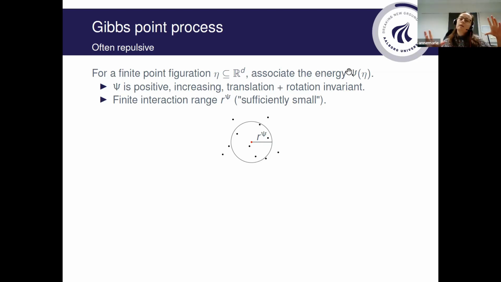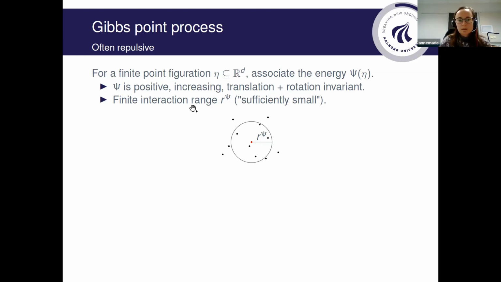And the idea is that if the energy is high, then your point configuration is less likely to occur compared to a Poisson process. We assume that this energy is positive. It's increasing, so that if you add more points to your point configuration, then the energy will increase. And it should be translation and rotation invariant. So if you translate or rotate your point pattern, then the energy should not change. These are all very natural assumptions to have.